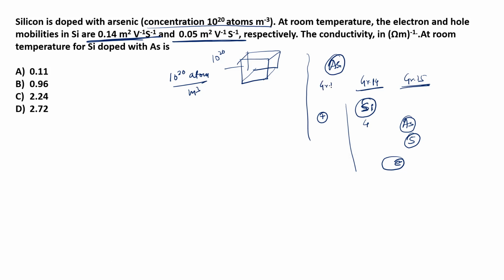Suppose we add a group 13 element, we will get plus; a group 15 element, we will get minus. So for one atom of arsenic we are getting one electron.